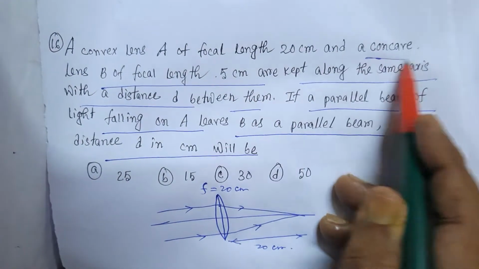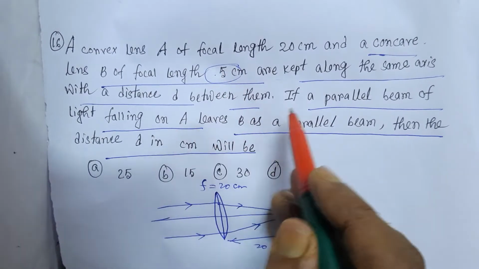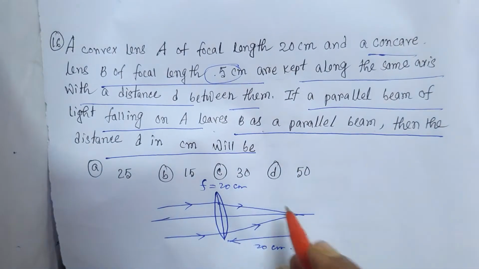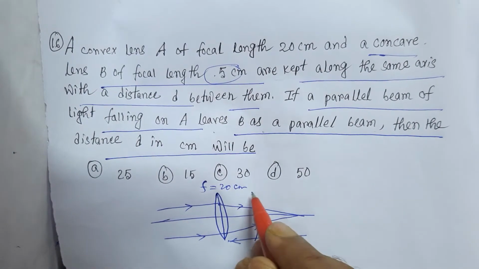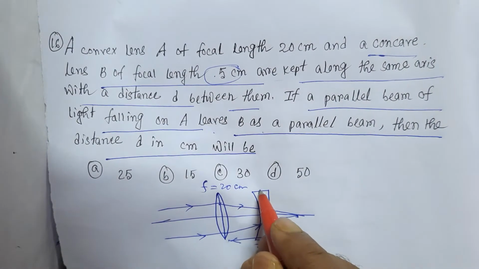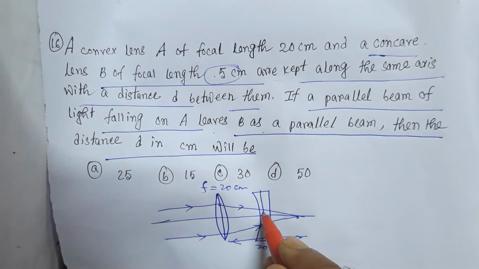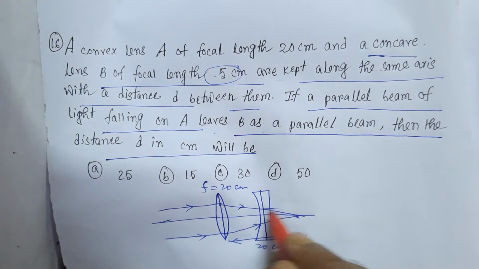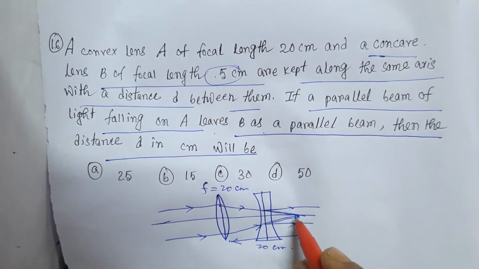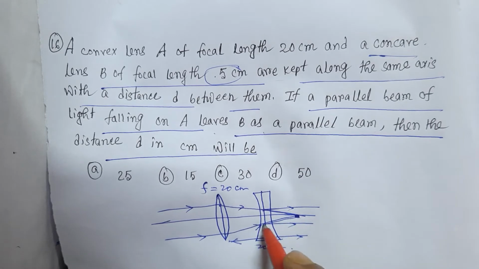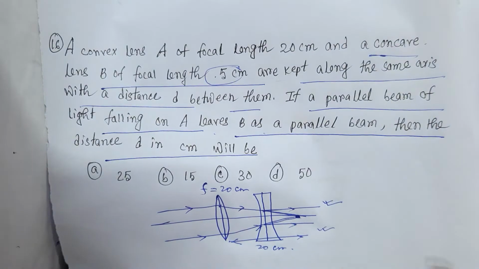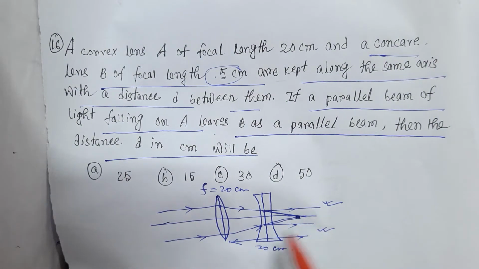Now there is a concave lens of focal length 5 centimeter and parallel rays are falling on A and leaves B as a parallel beam. So the ultimate beam is parallel. So if these rays from the convex lens incident on the concave lens as converging rays, then it will diverge them and make them parallel. So when the point of convergence is at the focal plane of the concave lens, then and only then the ultimate refracted rays will be parallel also.